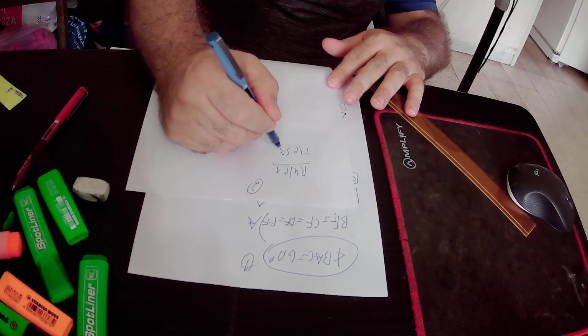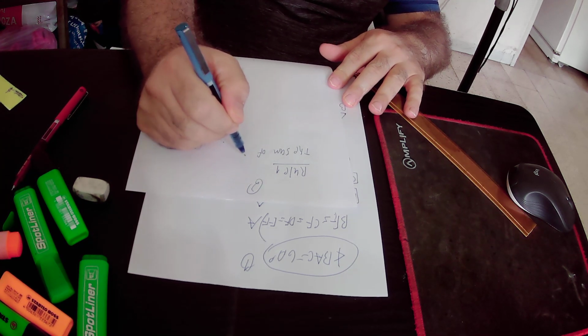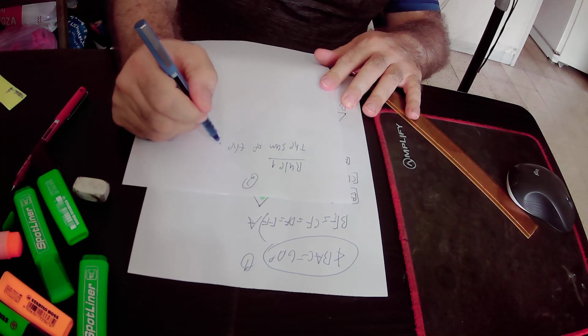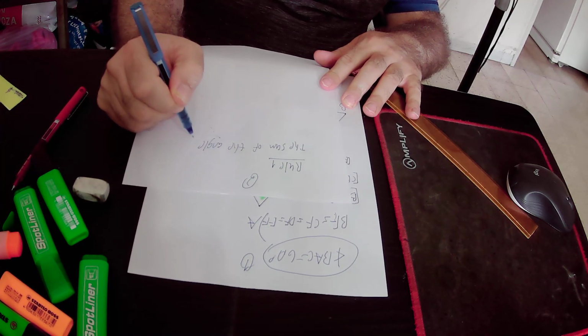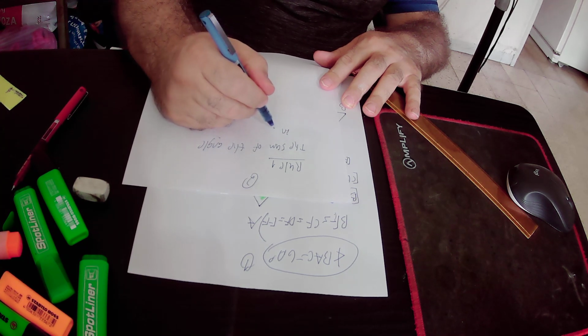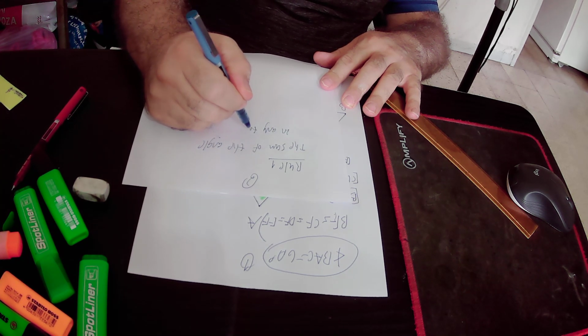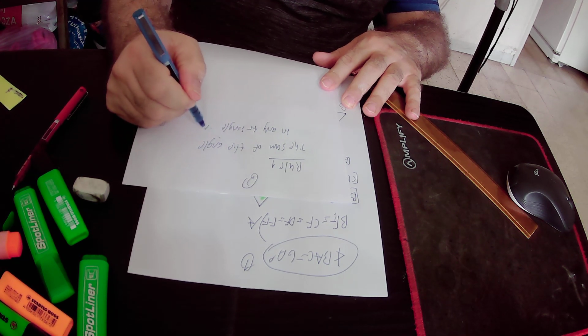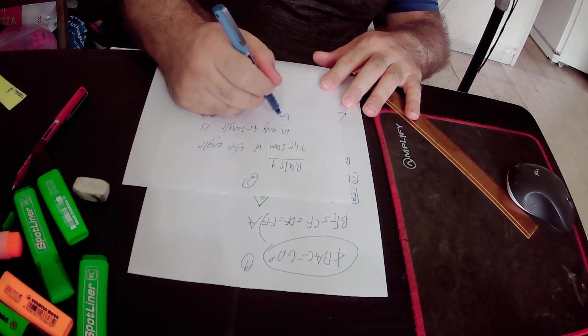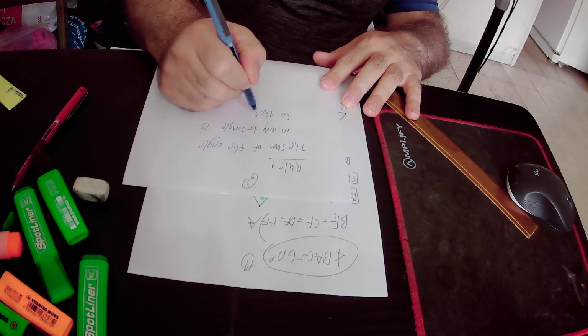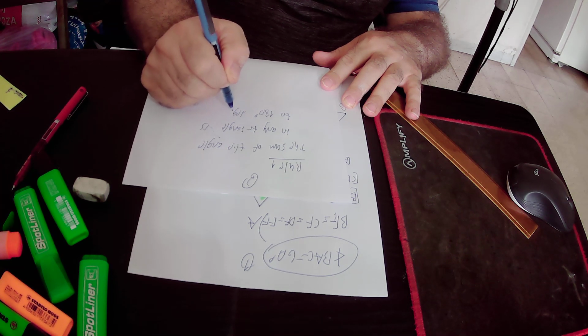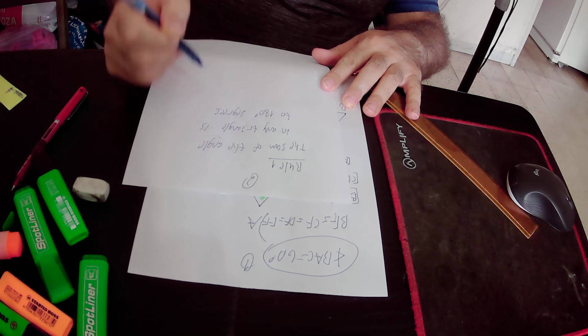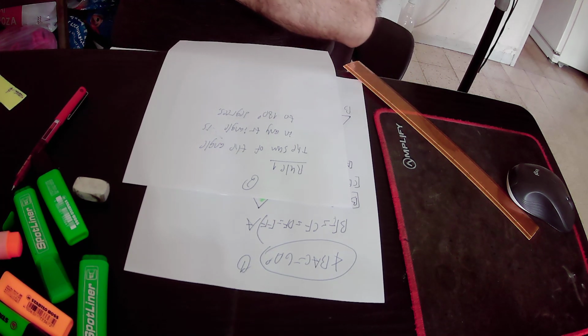The sum of the angles in any triangle is equal to 180 degrees.